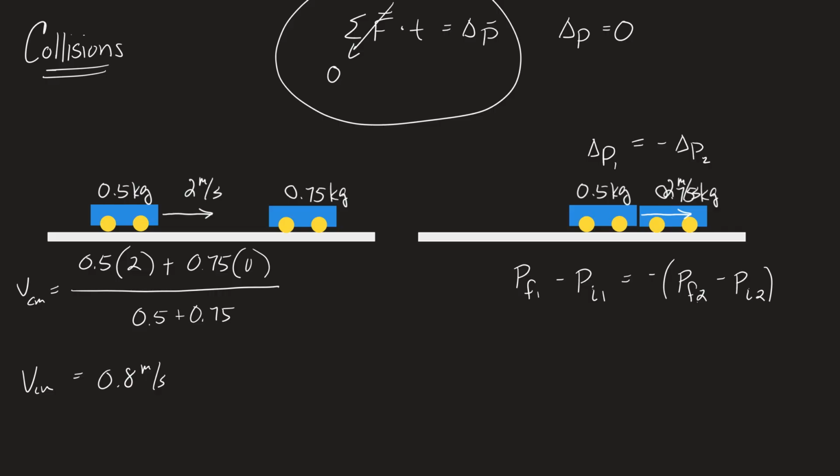Now, if I distribute that negative sign, collect terms, I'll get P final for car 1 plus P final for car 2 equals P initial for car 1 plus P initial for car 2.